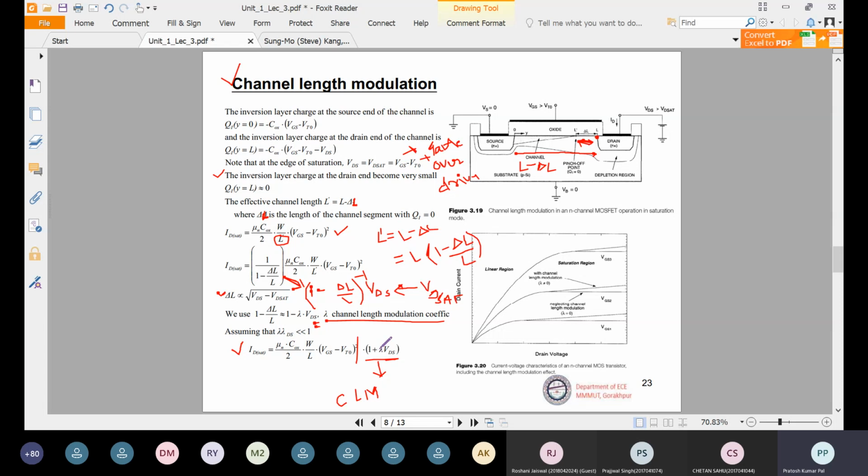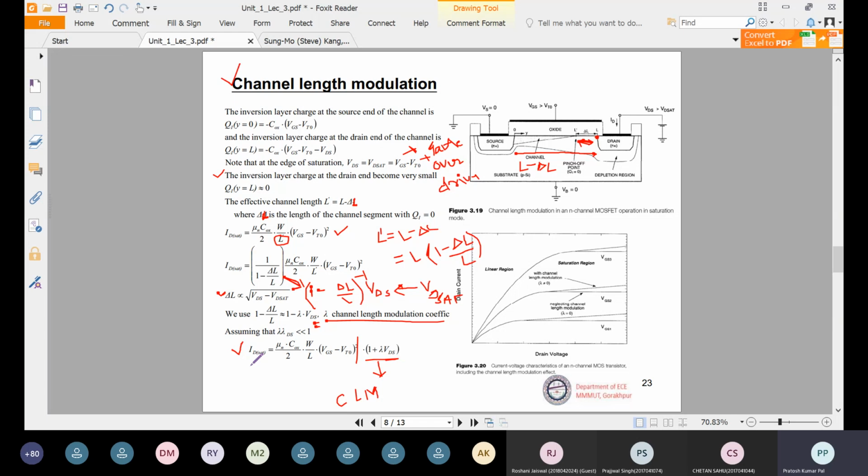So this will be the current expression for an NMOS transistor working in saturation and having a channel length modulation effect. So we need to consider the effective channel length for analyzing the current equation.